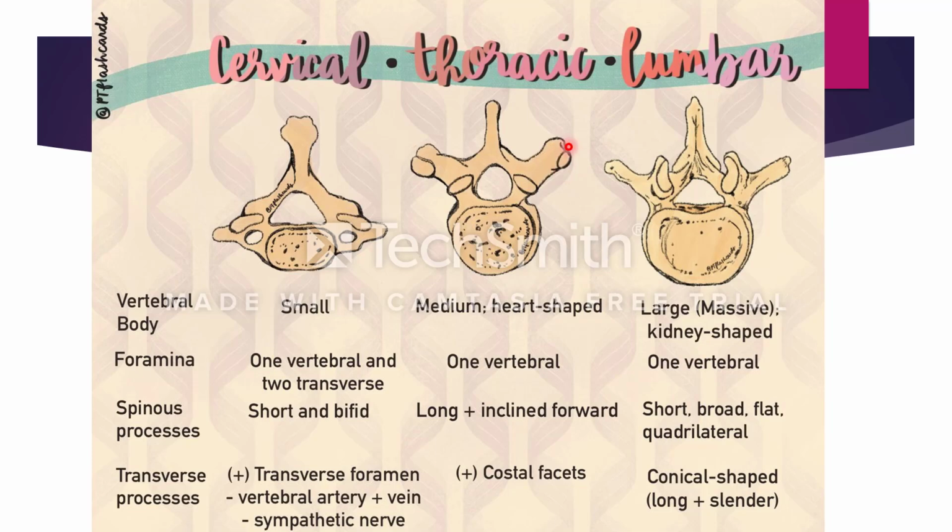See here, these are the costal facets, because the ribs are attached not only to the body of the thoracic vertebra, but also to the transverse processes of the thoracic vertebra. In the lumbar vertebra, the transverse processes are long and cylindrical. They are conical shaped. So these are the differences of the vertebral body, the foramen, the spine and the transverse processes in the cervical, thoracic and lumbar vertebra.